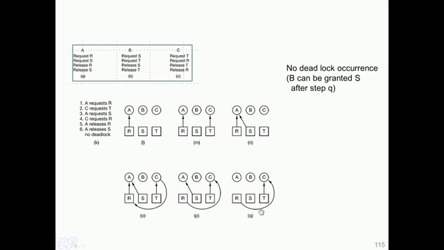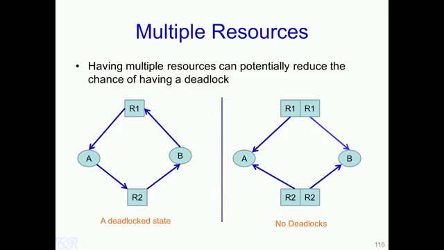So, in such a scenario we have not obtained the deadlock. Now, we have seen that deadlock is indeed a probabilistic event and could occur with some probability. Now, one way to reduce the probability is by having multiple resources present in the system.